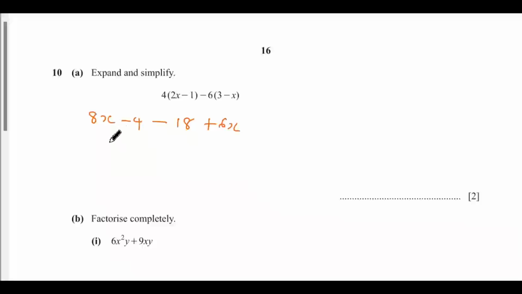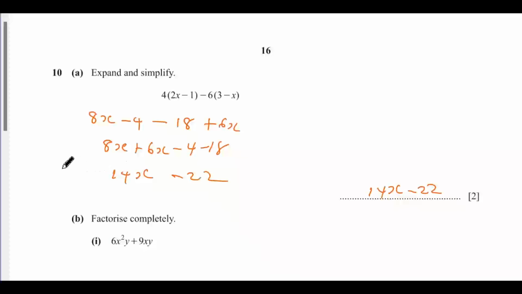If you rearrange, we're going to get 8x plus 6x minus 4 minus 18. So this will give you 14x minus 22. Here, you may want to factor out 2, but I think it's okay like this.